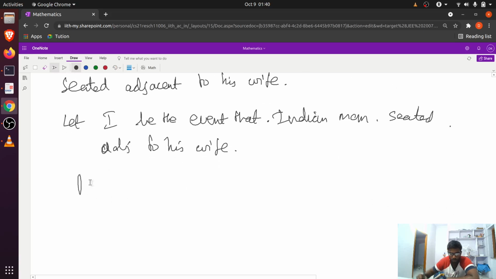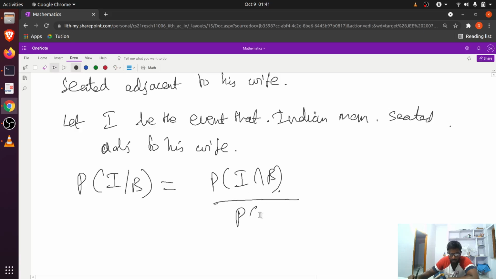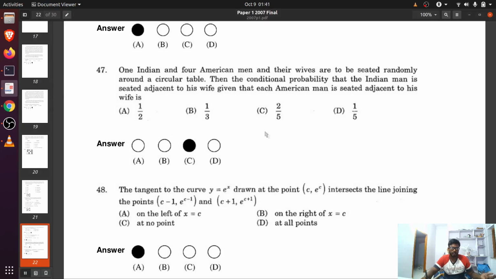So we want to find the probability of I given B, that is nothing but the probability of I intersection B divided by the probability of B. Since here we are assuming a uniform arrangement, each arrangement is equally likely because everyone is seated at random.